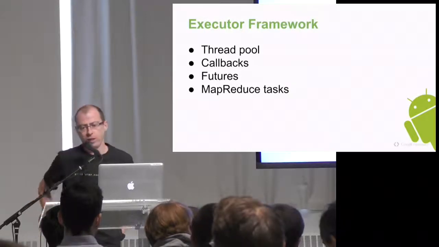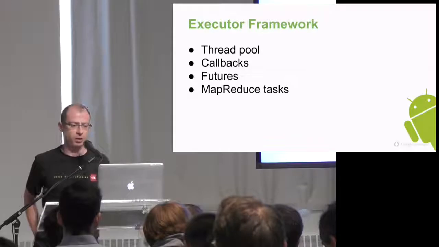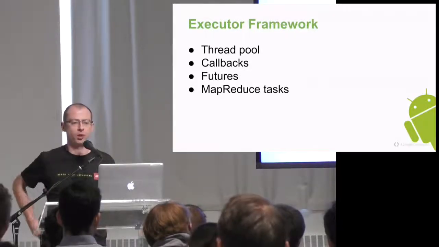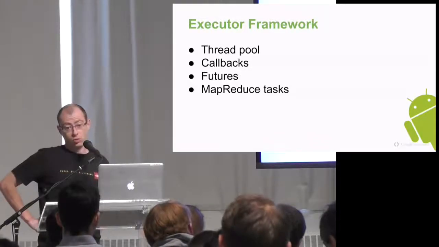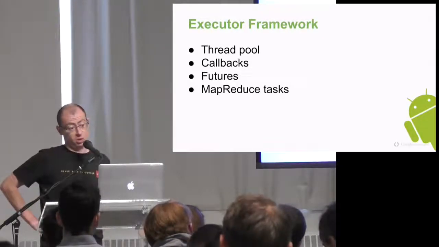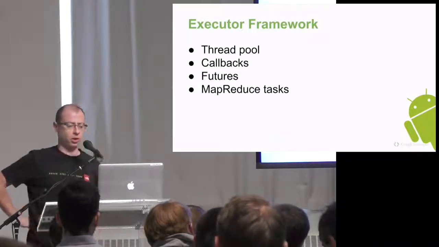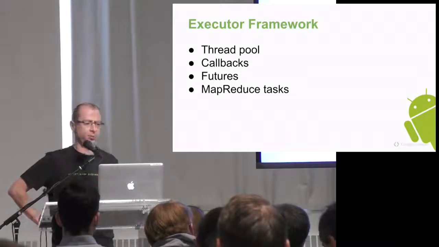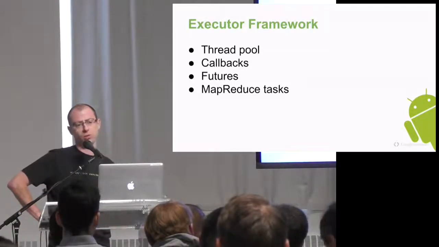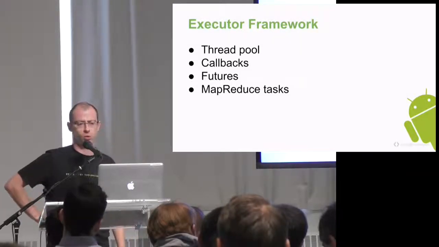Executor framework. This is another friend in the concurrency APIs that we got from Java 6 and on. This is essentially a thread pool managed by the system, which has callbacks and futures, and mostly I use it for MapReduce tasks. Meaning, if you have a big job and you want to break it into small pieces and give each piece a thread, the executor framework could be your best solution.